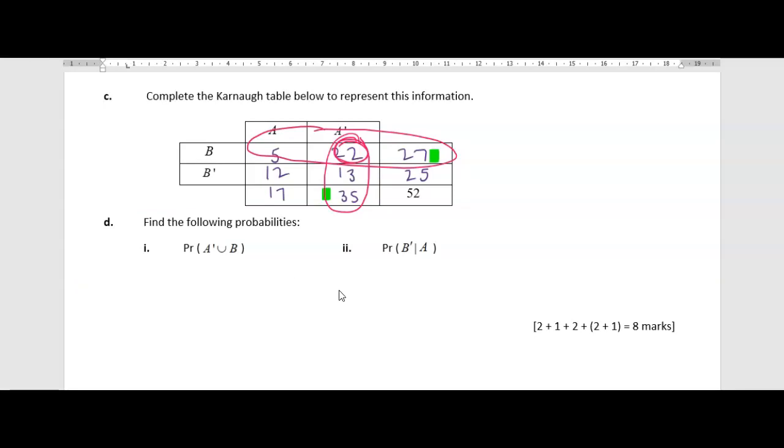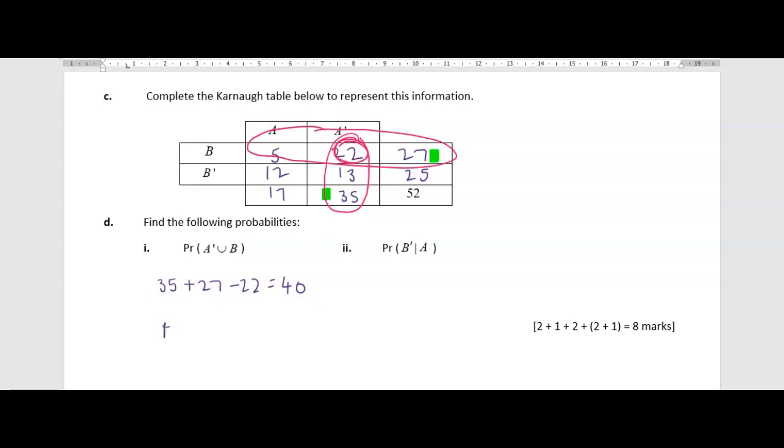So with this, we've got 35, okay, plus 27. And we've got to subtract that 22 because we can't count it twice. So we're going to have 40. Now you could subtract what you don't want. That's another way of doing it. So 35 plus 27 minus 22 gives you 40.